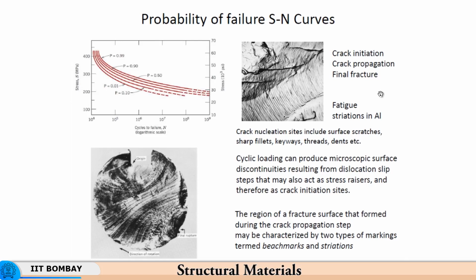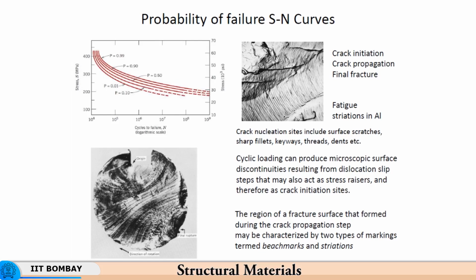So here what you see is the crack initiation, crack propagation and final fracture. At every beach mark over here, you see that the crack has propagated incrementally. So there is an incremental crack propagation taking place, okay, and the crack would have nucleated at surface scratches, sharp fillets, keyways, or any sharp changes in cross section, sharp corners.